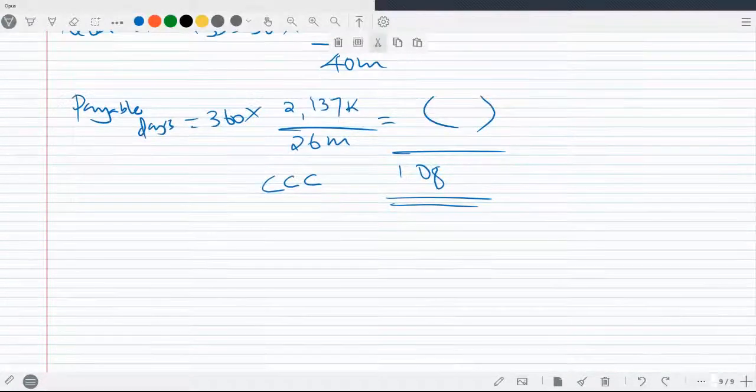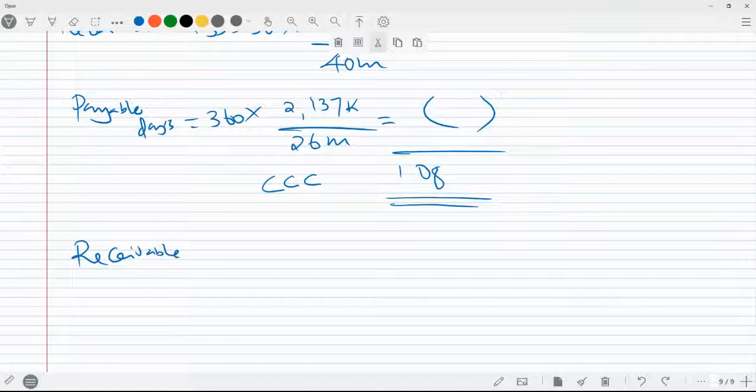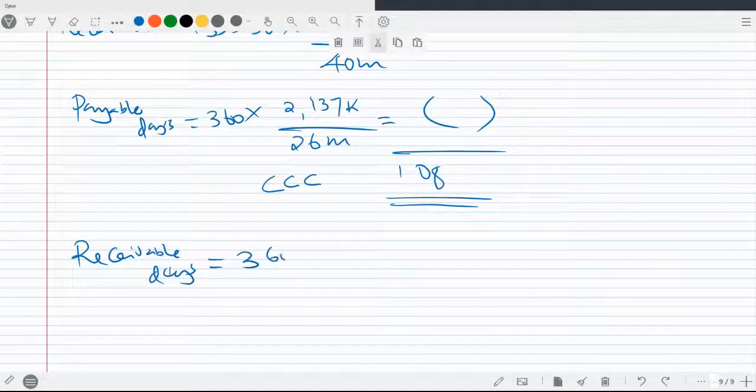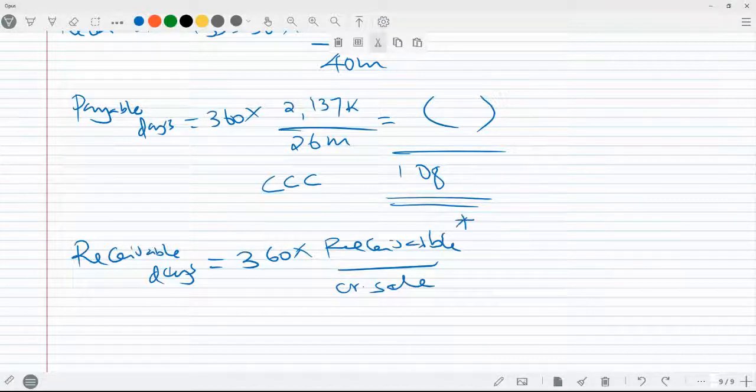Don't forget the formula I gave you: receivable days is equal to the number of days in a year, 360, times the receivable, divided by the sales made on credit. Now we want to get the investment itself for receivable, so you make the receivable the subject of the formula.